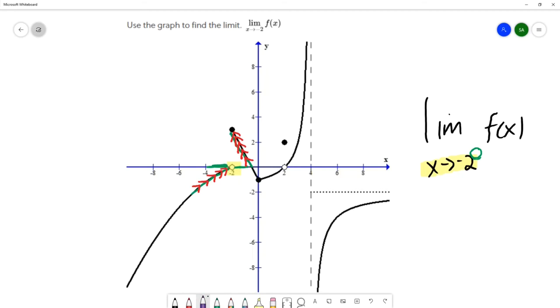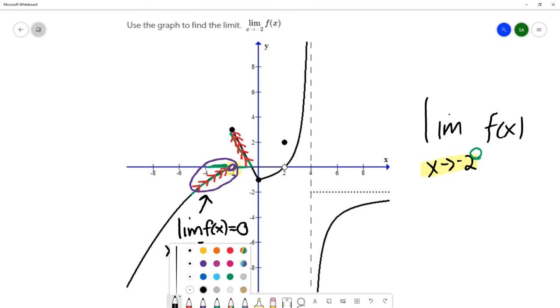Now, when I'm looking at this portion from below, my y value is approaching this spot right here, and that's a y value of 0. So the limit as x approaches -2 from below of f of x equals 0.